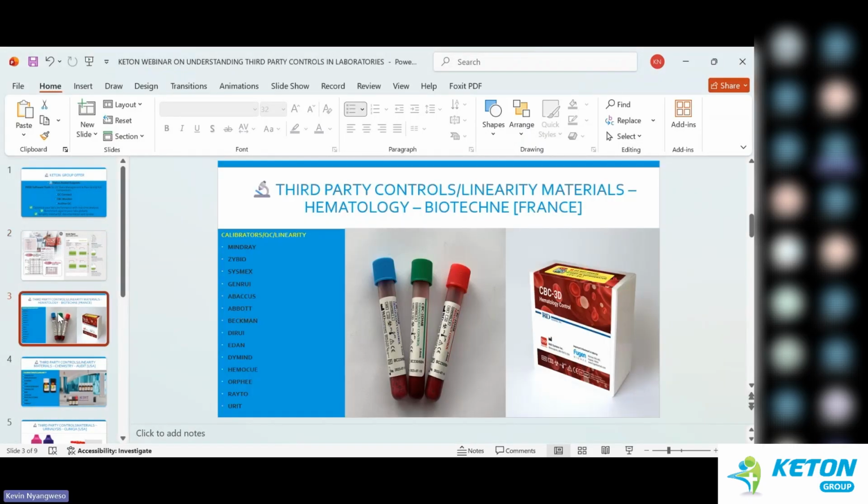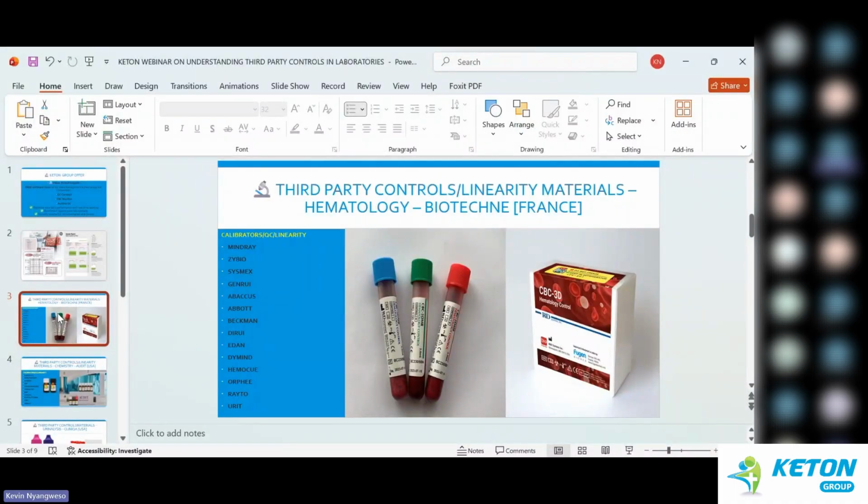So in terms of hematology, what do we have? We have got hematology controls from Biotechne that is a third-party control, and also linearity samples or calibration verification samples for all these analyzers that you can see in my screen. That is Mindray, Zybio, Sysmex, Genrui, Abacus, Abbott, Beckman Coulter, Dirui, Eden, Diamond, HemoQ, Orphee, Rayto, Urit.